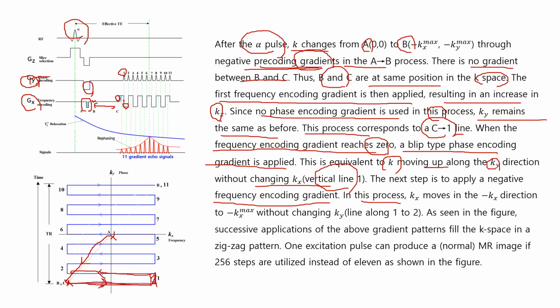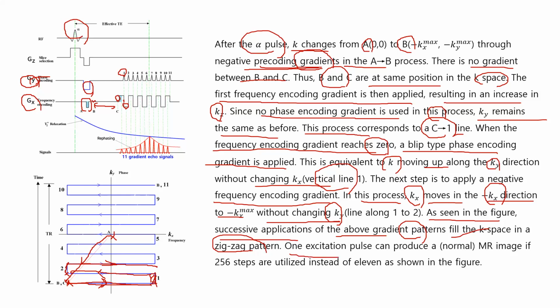In this process, kx moves in the minus kx direction, to minus kx maximum here, without changing ky, the phase encoding gradient. As seen in the figure, successive applications of the above gradient patterns fill k-space in a zigzag pattern. So continuously we can fill k-space.